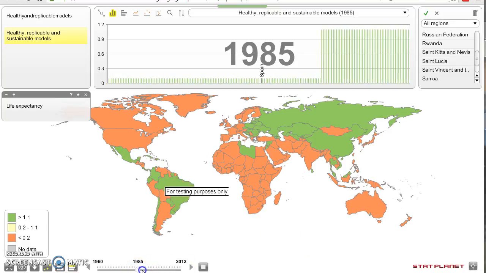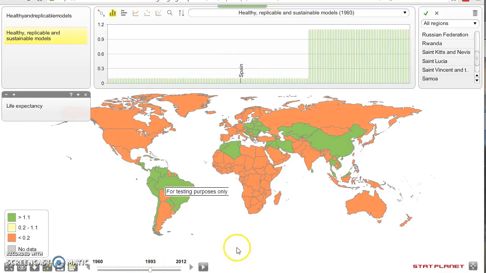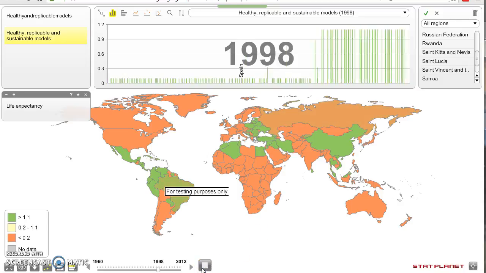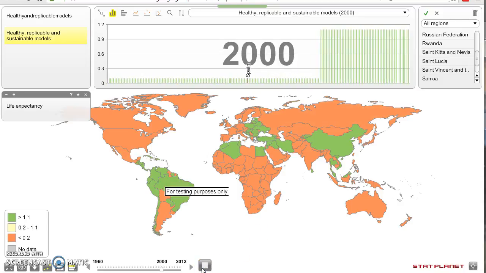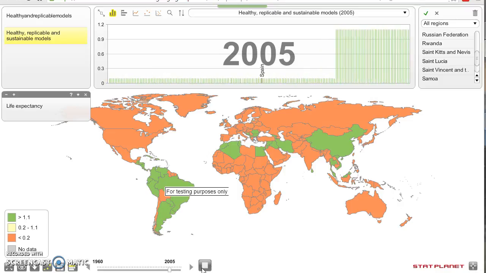Here we go. And we see here the truly healthy, replicable and sustainable models. Those are the ones shown in green.